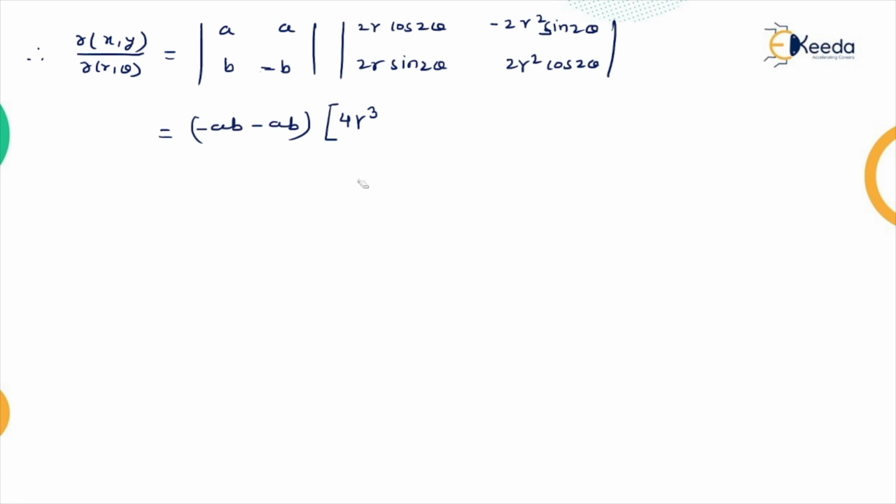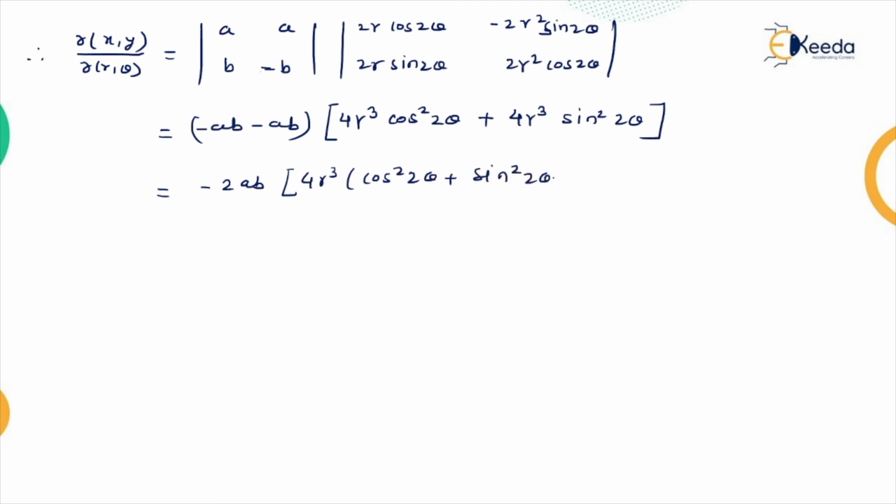So I am writing here cos² 2θ, 4r³ here, cos² 2θ, plus here 4r³ sin² 2θ, right? So taking the minus sign common, we get minus 2ab, inside the bracket 4r³ is common, and here cos² 2θ plus sin² 2θ.